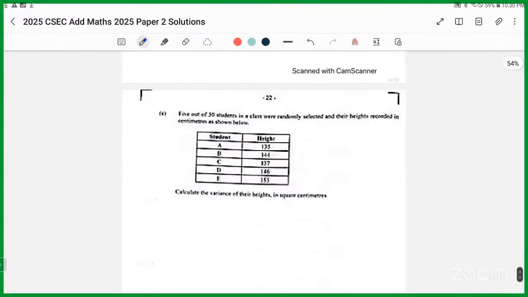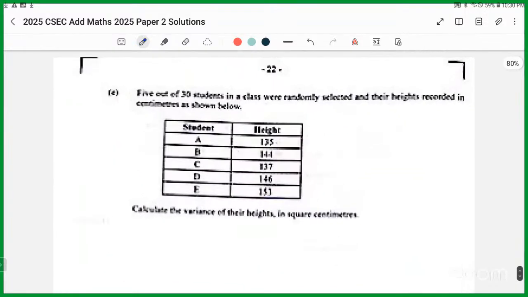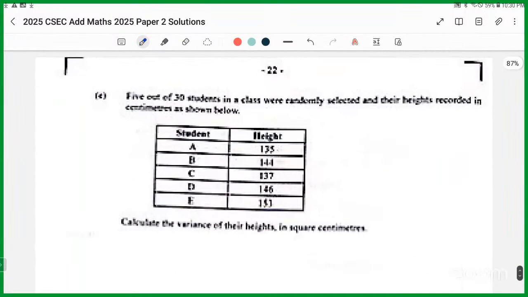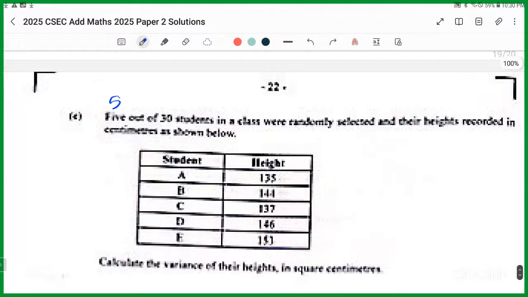Next question. It's kind of not so clear. This is 5 out of 30.